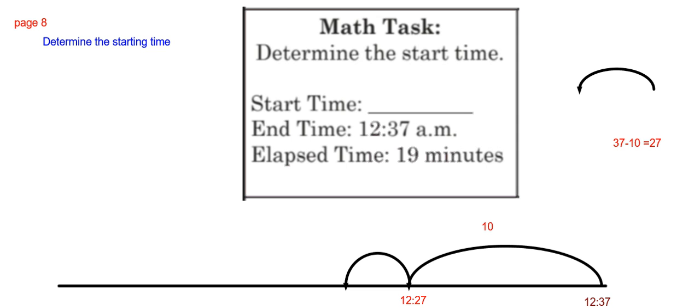Make sure that you write on the top because you don't want to forget what you're subtracting. That will be 27 minutes minus 5 minutes. How much would that be? Correct, 22. So the answer here will be 12:22.